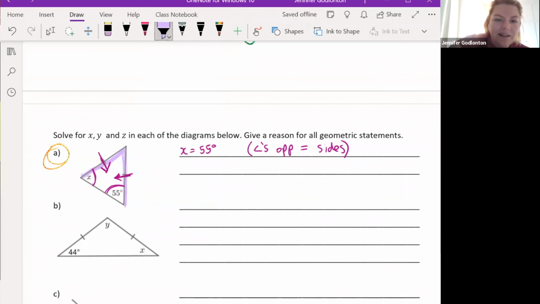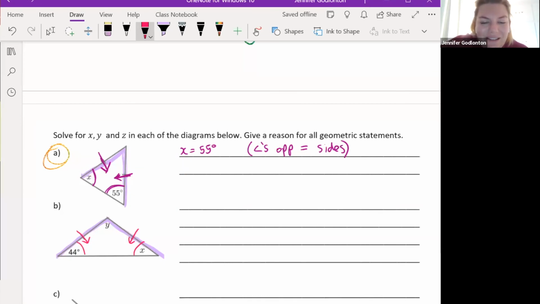I'm seeing some lovely answers coming in here for B, guys. We've got an isosceles triangle happening over here. There we go. Hi. How can I help you?